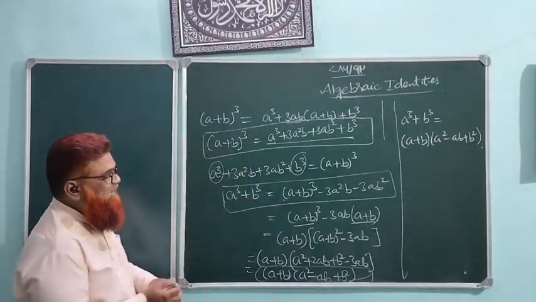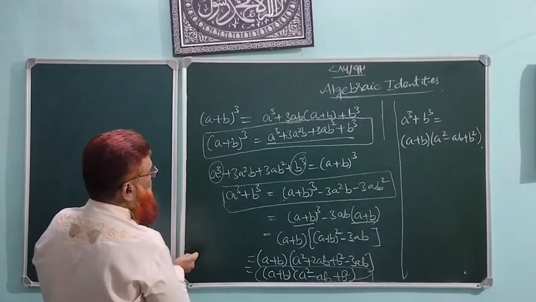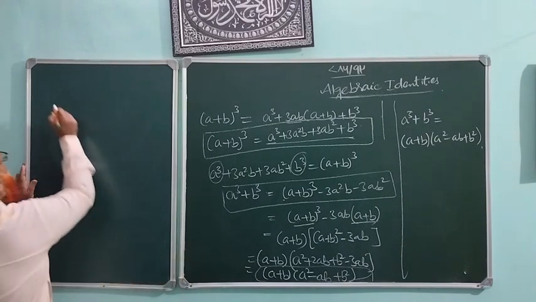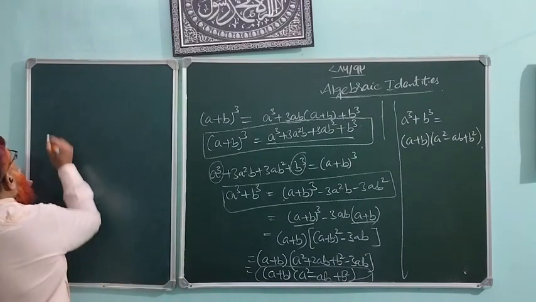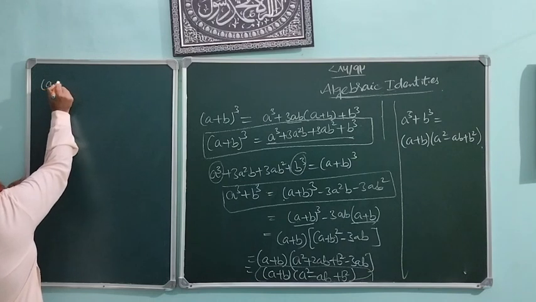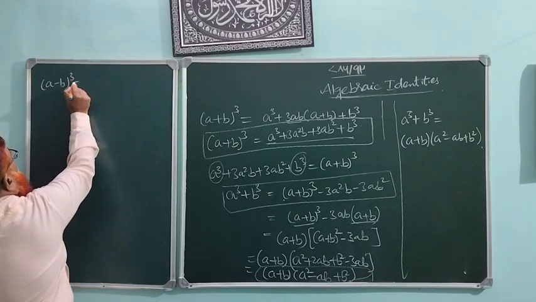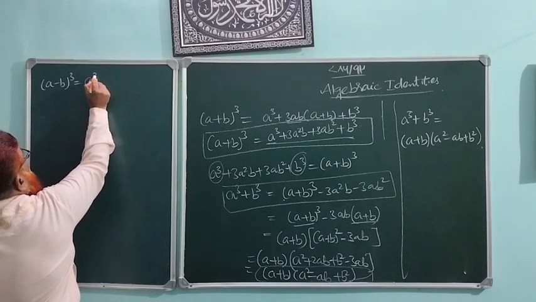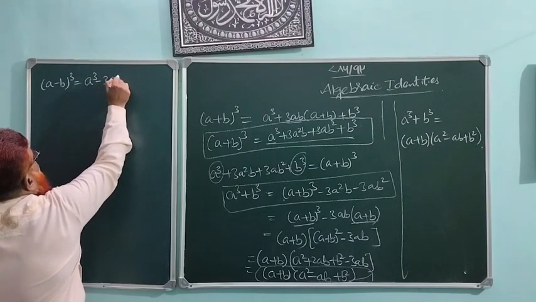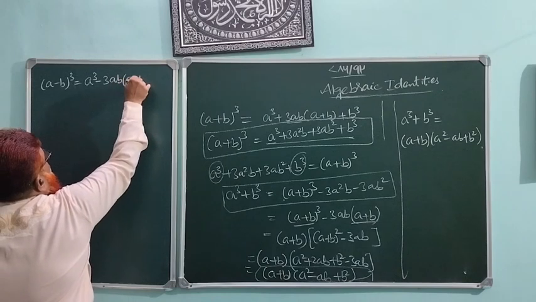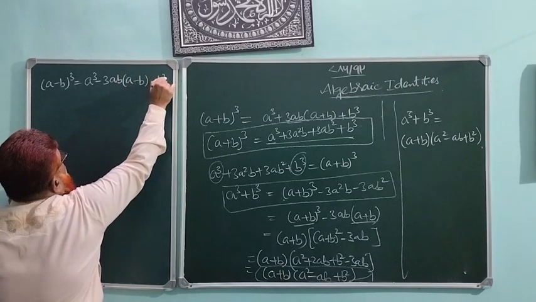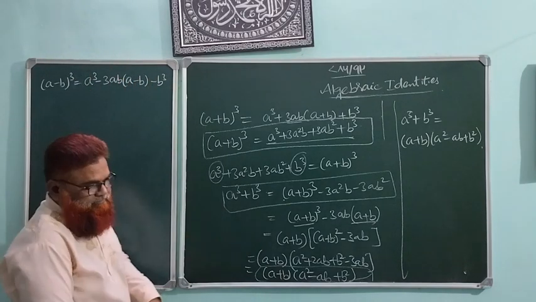Similarly, we will find (a − b) whole cube the same way. Here I am going to write, viewers, (a − b) whole cube is equal to what? a³ − 3ab(a − b) − b³. Be careful.